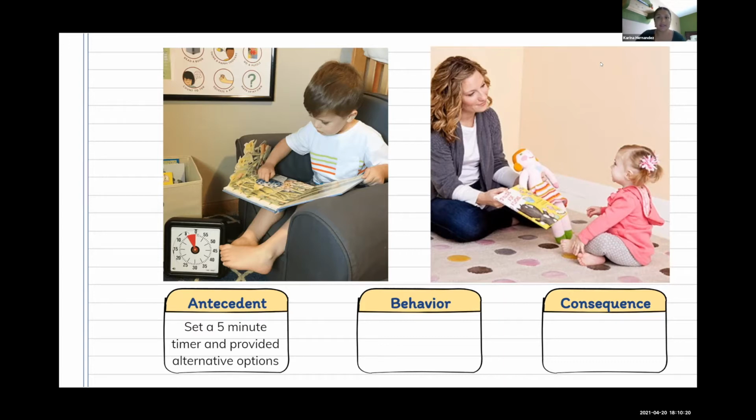This is an antecedent intervention that Cynthia will later be talking more about. And then we provide choices. We provide a choice of here's a book or a doll. Which one do you want? These both are antecedent interventions that we'll go into more detail in a little bit, but we act on this event, at this moment, which gives a higher chance of preventing that behavior, meaning that the child might be more willing to give us the iPad in exchange for the book. They picked the book this time because they love Dr. Seuss.